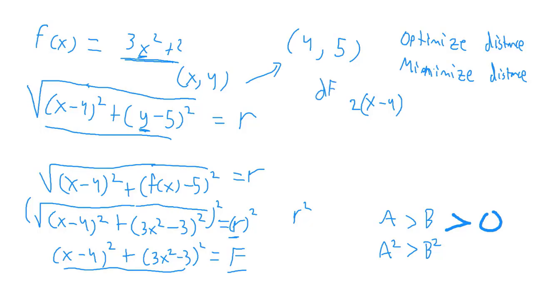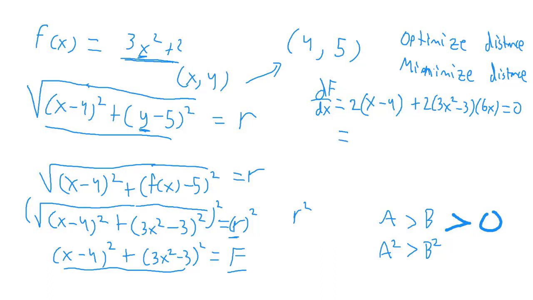So df/dx equals 2x plus 2 times (3x squared minus 3) times 6x. And we have to set this equal to 0, right?